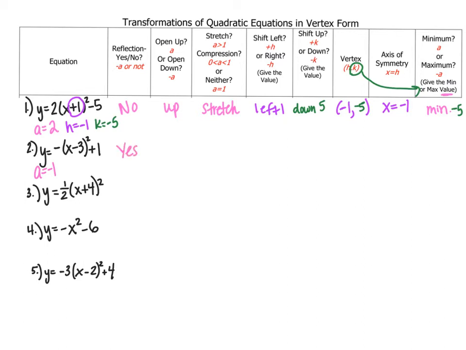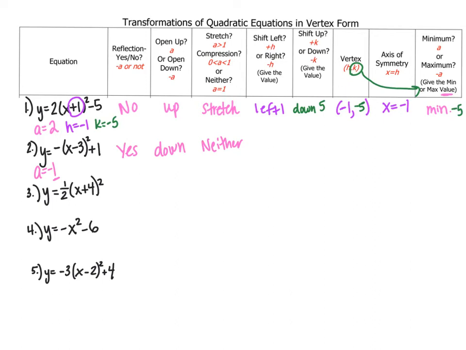Now that we reflect, we're going to open down. My negative 1 is not a stretch or a compression because it's really just the 1. The negative meant that it was a reflection. The 1, it's two separate things, means that I have neither here.